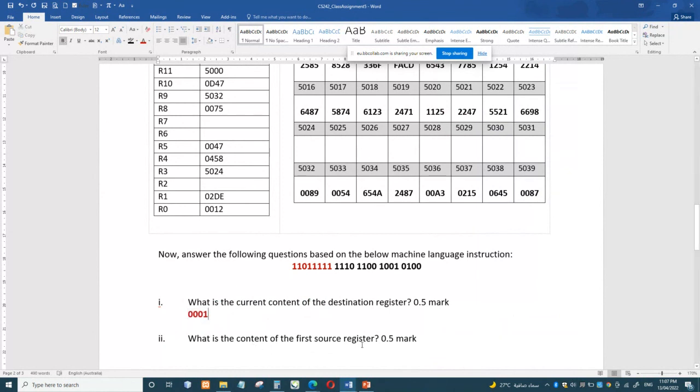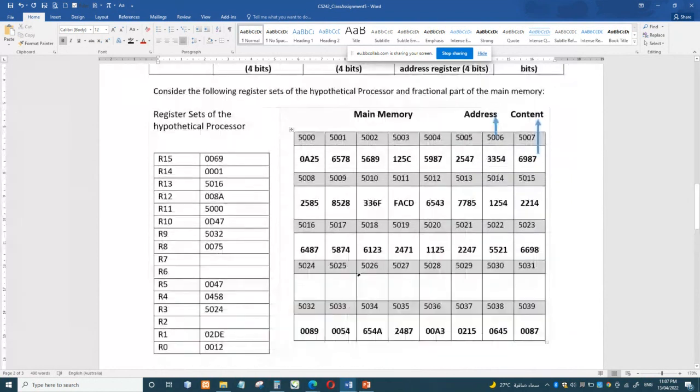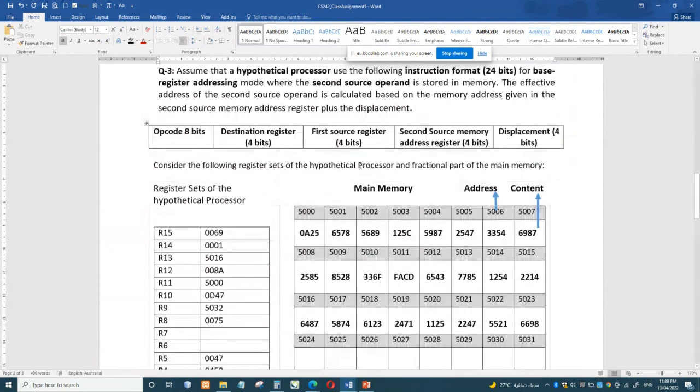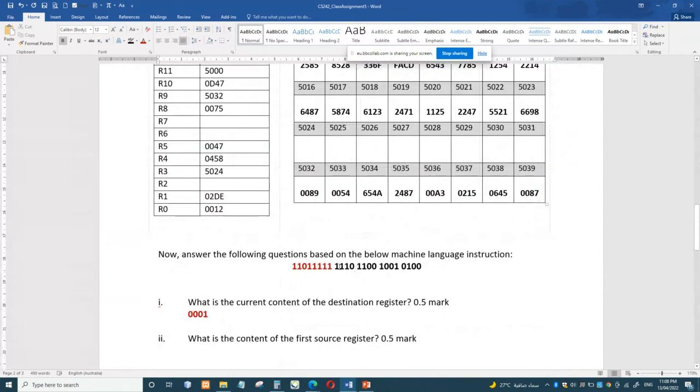What is the content of the first source register? From where do you get the first source register number? As per the instruction format, the first 8 bits are the opcode, then the second 4 bits are the destination register, then the first source register, which means your first operand is stored in a register. Which register? 12.